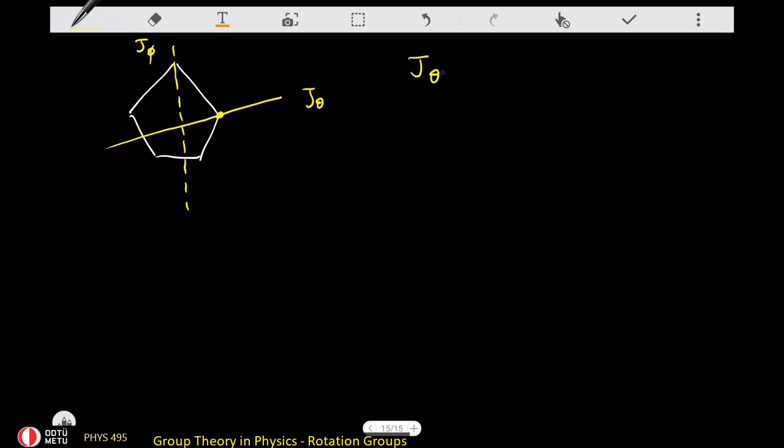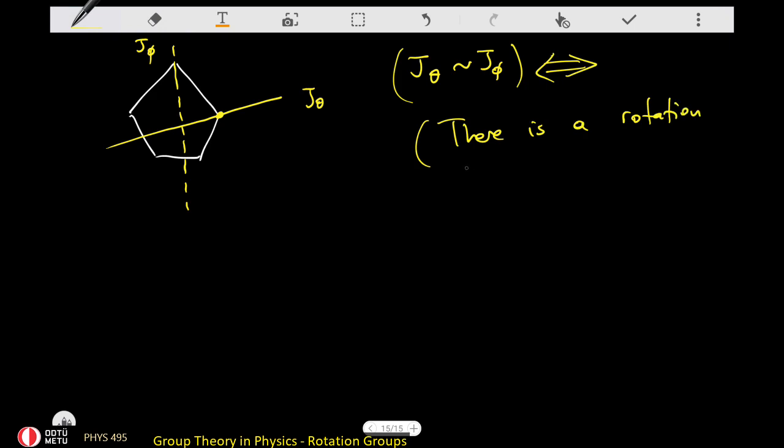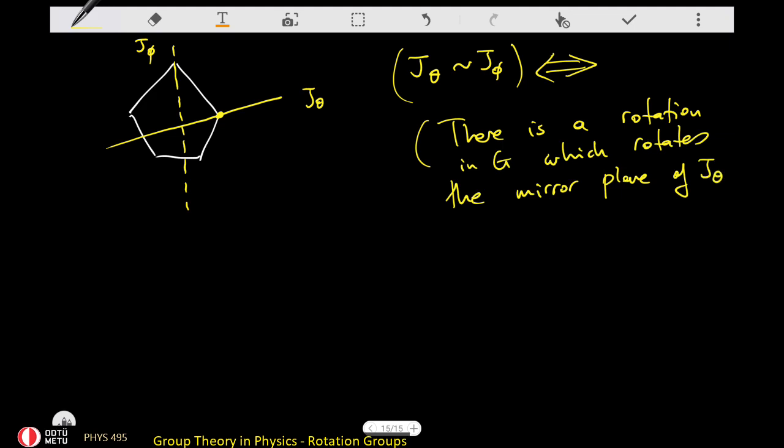We say that J theta is conjugate to J phi if and only if there is a rotation within the group which rotates the mirror plane of J theta to the mirror plane of J phi.